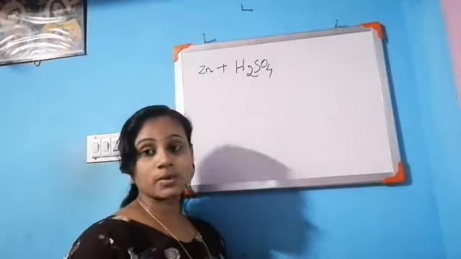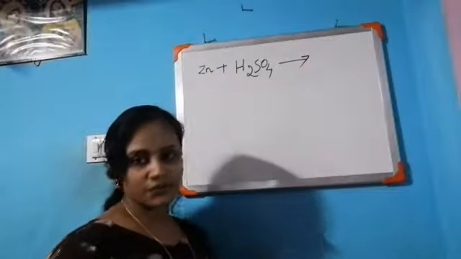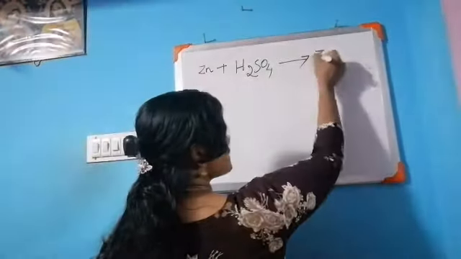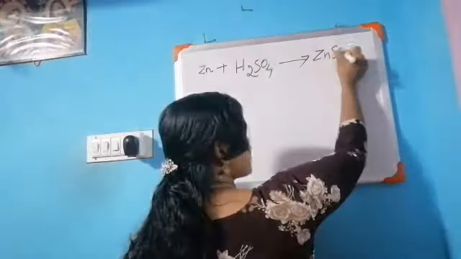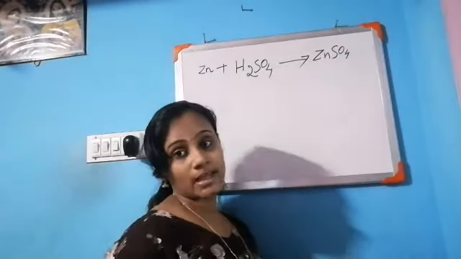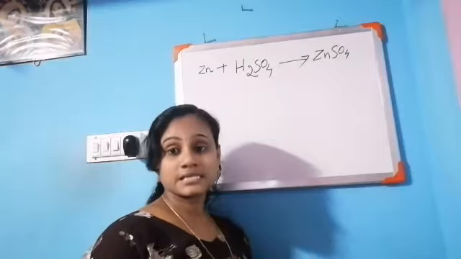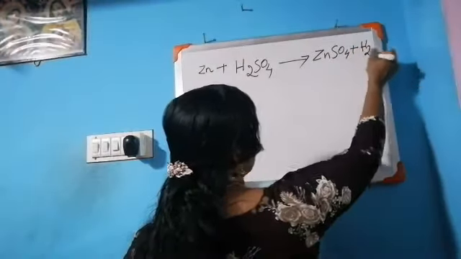Zinc reacts with sulfuric acid to form zinc sulfate. So zinc is there and sulfate is there, SO4. Zinc valency 2, sulfate valency 2. We can cancel. So the formula of zinc sulfate is ZnSO4 plus hydrogen.